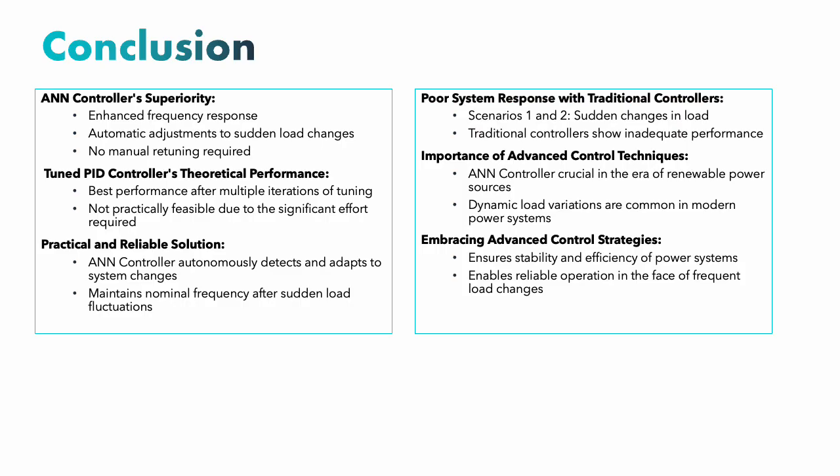Now, in terms of conclusion, we can conclude that the ANN has a superiority in terms of adjustment to sudden load. So when there is a sudden load, we are not going to adjust the PID controller; the ANN would automatically do the adjustment.